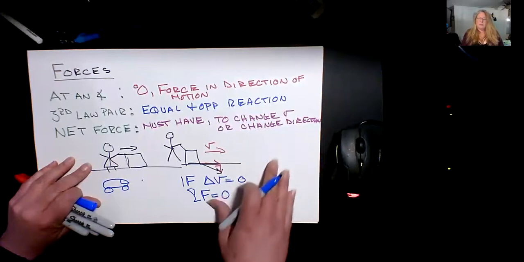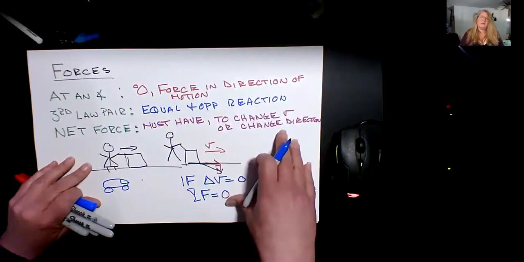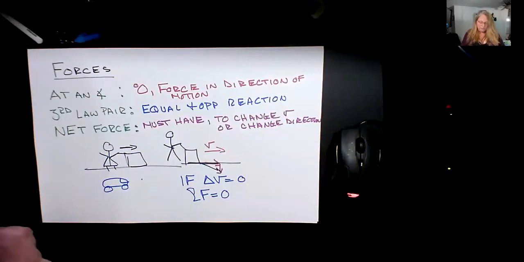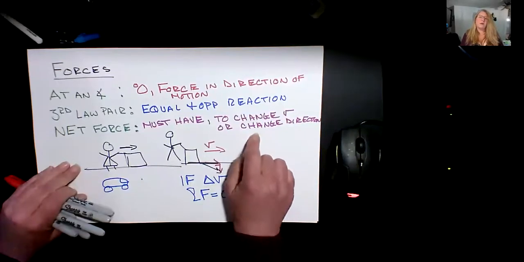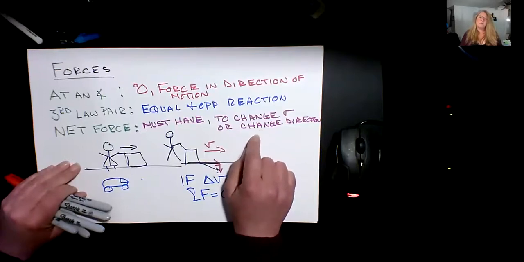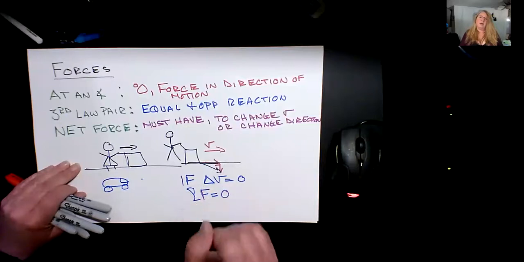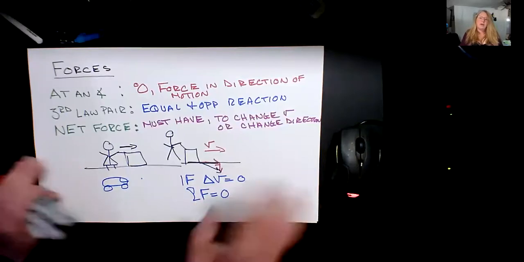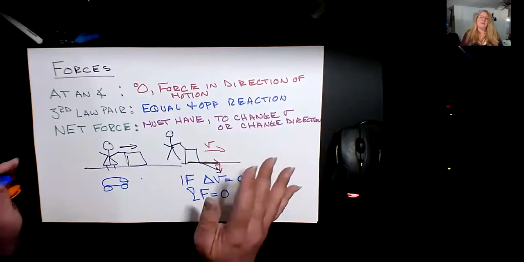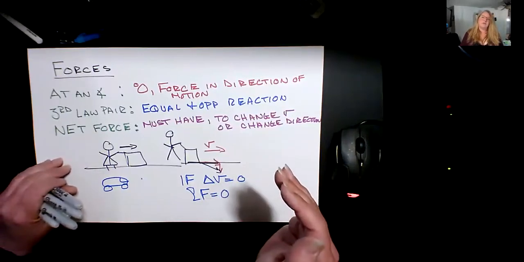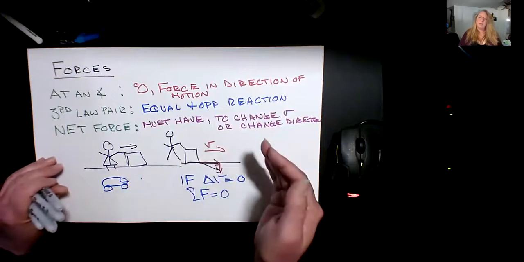That's a pretty important piece, because if you think in terms of anything moving, I think the biggest pitfall most students have when we first start off is you're like, well, it's moving, so there must be a force making it move. No, once I get it moving, I must have no net force to maintain that motion. I need a force or a net force in order to slow down or speed up.